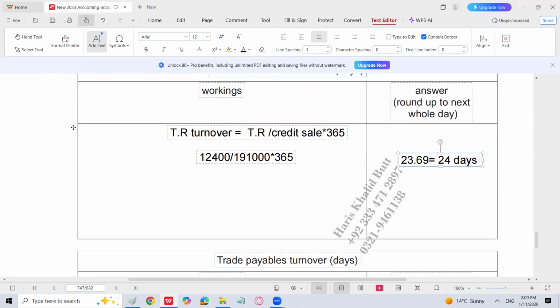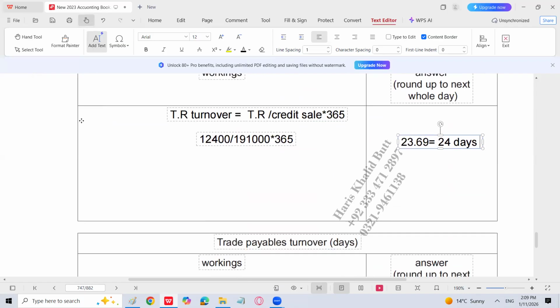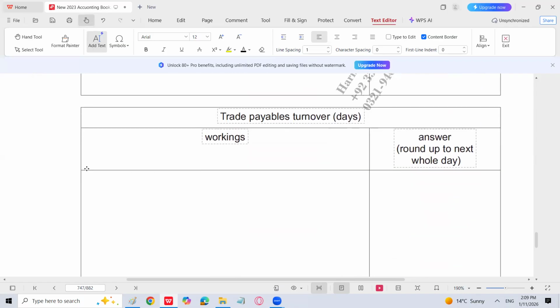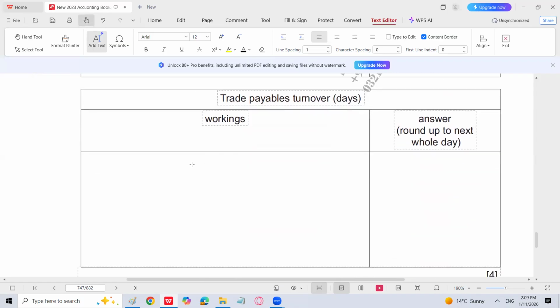Next ratio we are going to calculate is the trade payable turnover ratio. And the formula for the trade payable turnover ratio is trade payable over credit purchases, multiplied by the number of days in a year, which normally we take as 365.